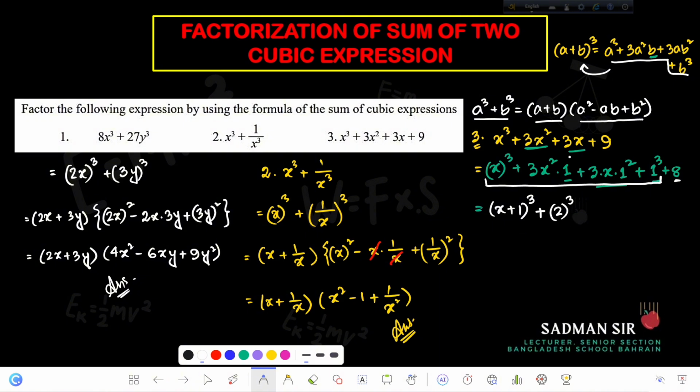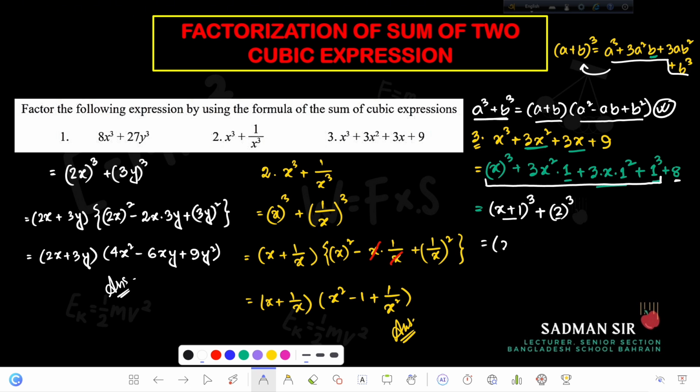So again we have now this shape, see, a cube plus b cube, the summation of 2 cube. So for this we can again apply this formula. In this type of problem we might have to apply the formula multiple times. So remember, this is a and this is b.